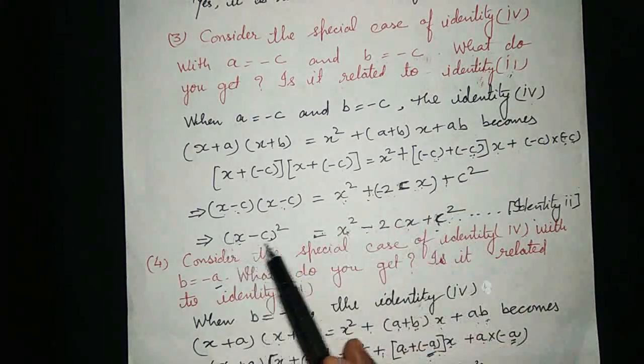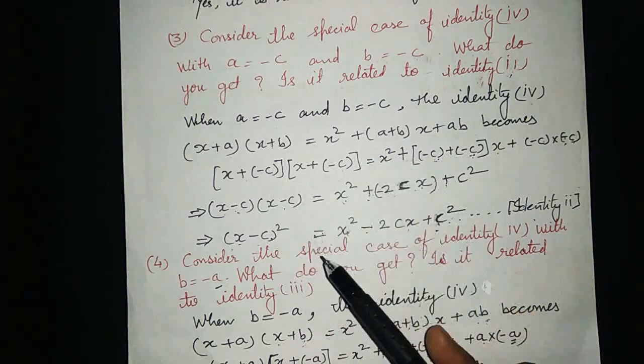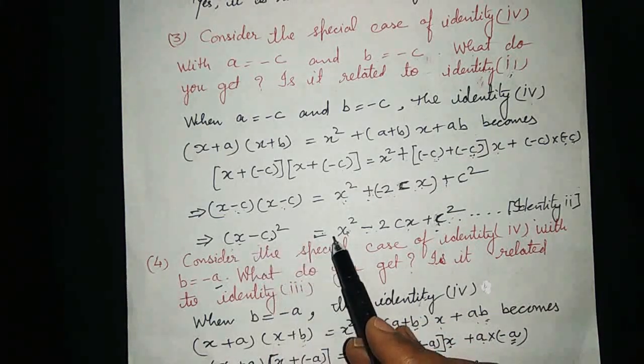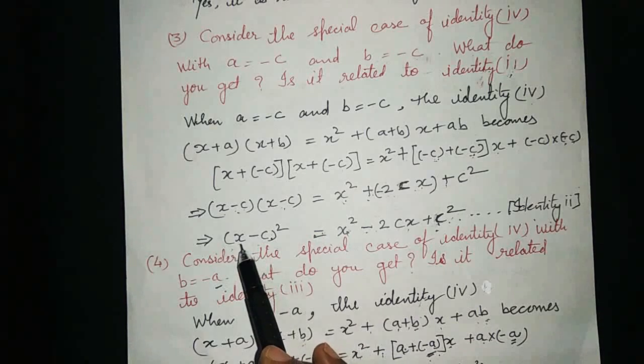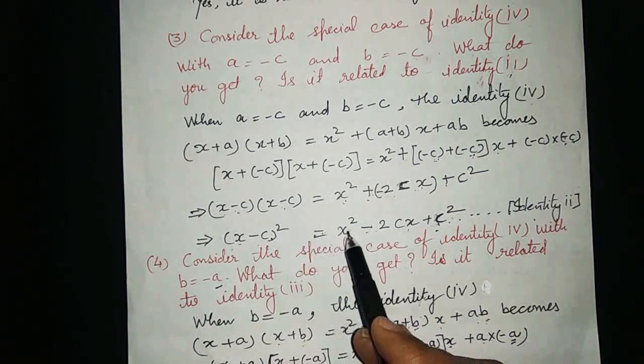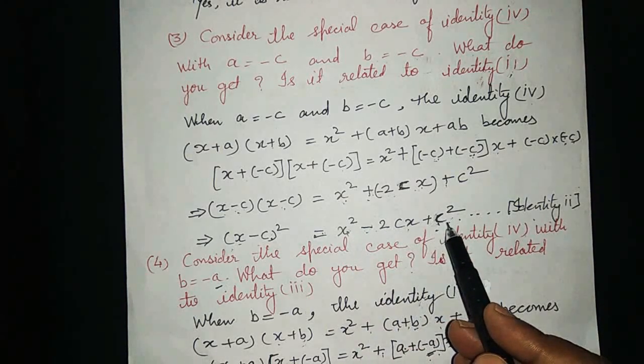Now we have got this after solving the given question here, and we can see it is in the form of the identity a minus b whole square is equals to a square minus 2ab plus b square.